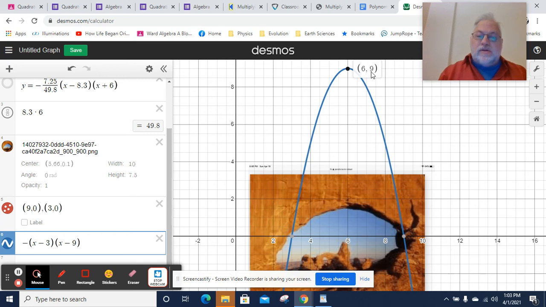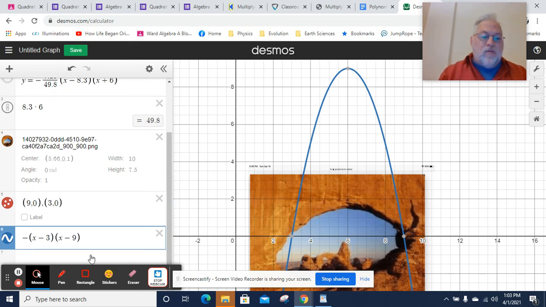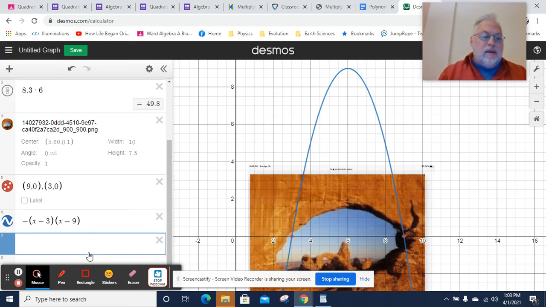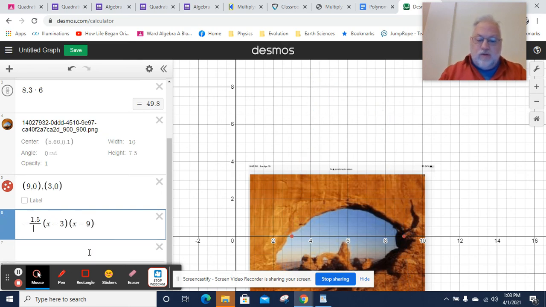So what I need to do is figure out what I would multiply 9 by to turn it into 1.5. The thing I would multiply 9 by to get 1.5 would be 1.5 over 9. And I have pretty much nailed it right there.